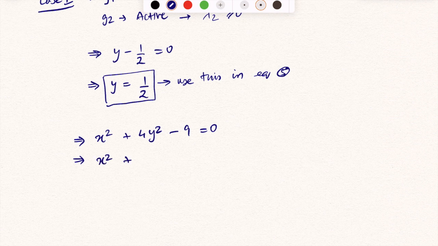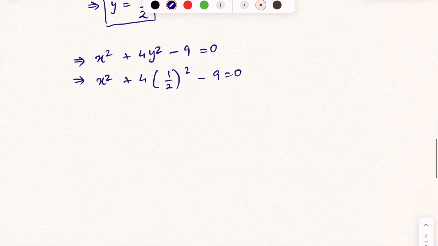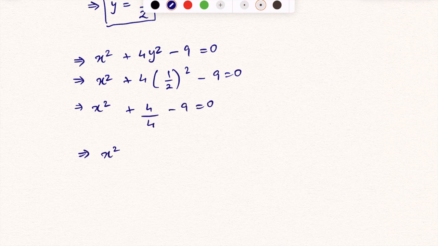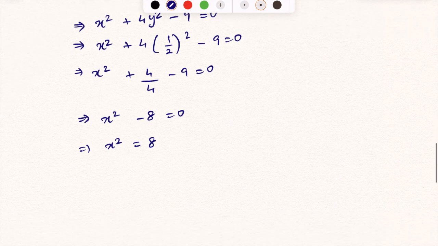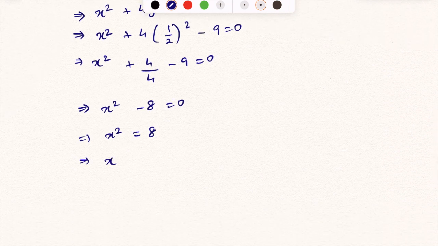If x squared plus 4 times (1/2) squared minus 9 is equal to 0, you have x squared plus 4 divided by 4 minus 9 equal to 0. So x squared minus 8 equals 0, x squared is equal to 8. And of course, taking the square root on both sides, x can be plus or minus 2 root 2.